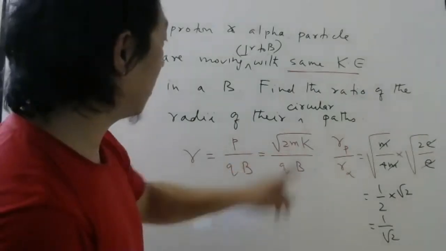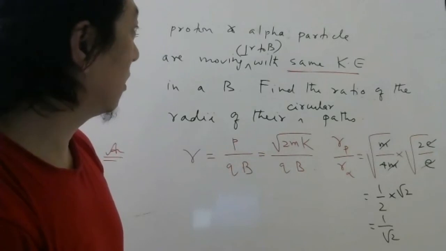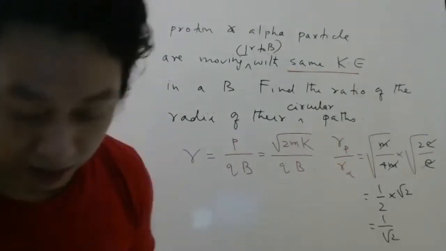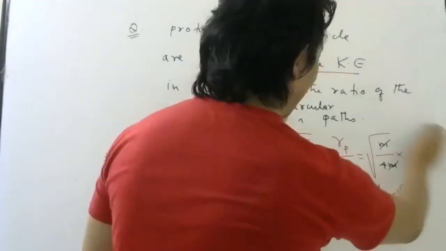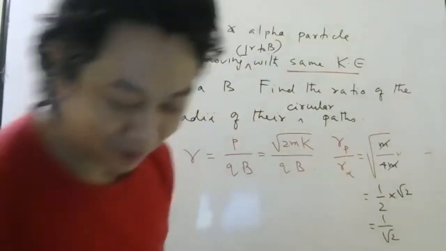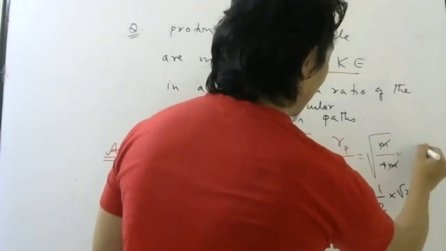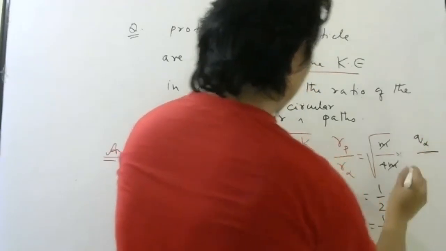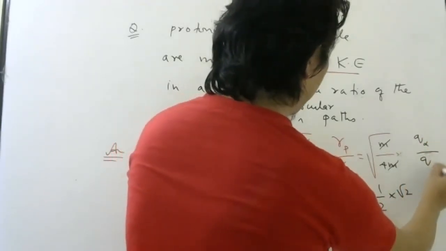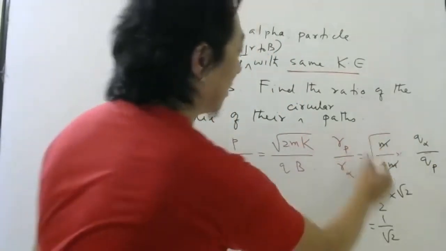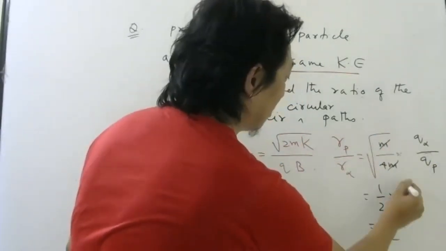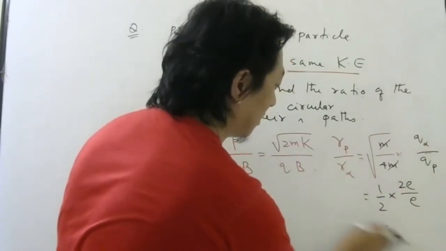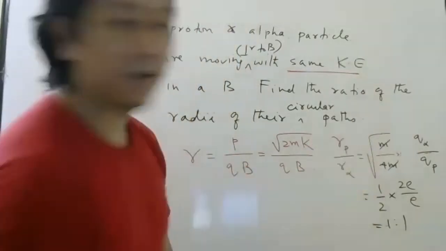Root of 2mK. Charge is not in the root, sorry. It was charge of alpha by charge of proton. So this was outside, this was inside. So if charge of proton is e, charge of alpha will be 2e. So the answer is 1:1. Chalo, have a good day.